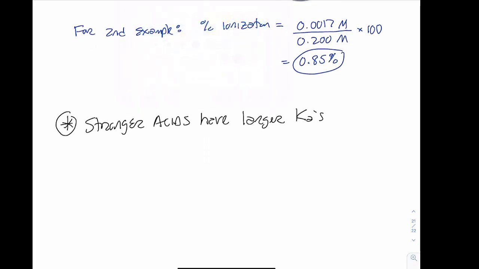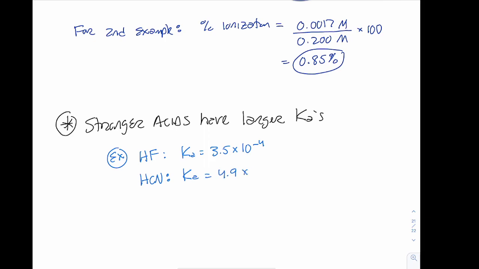So just kind of comparing, hydrofluoric acid has a Ka equal to 3.5 times 10 to the negative fourth. Hydrocyanic acid has a Ka equal to 4.9 times 10 to the negative 10th.